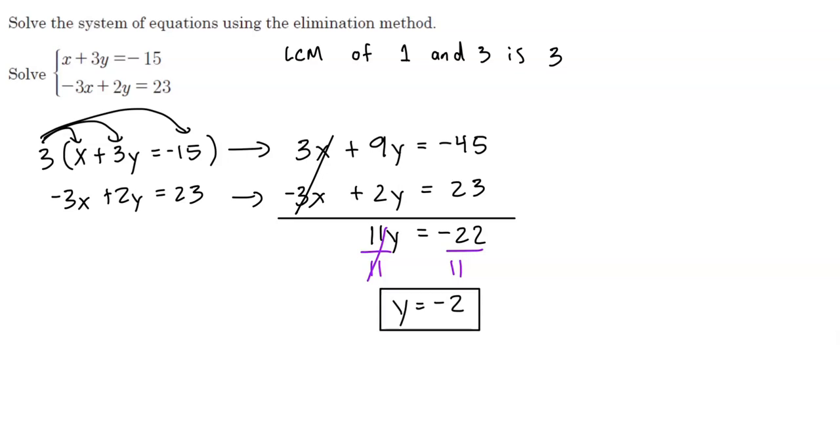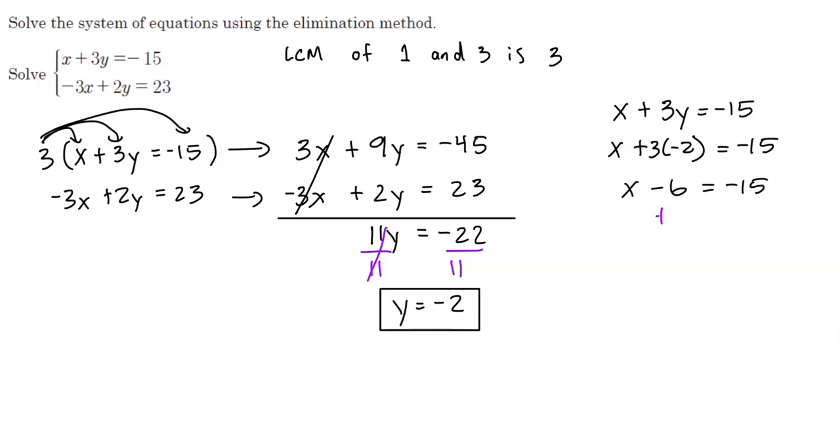Now that we know what y is, I could plug it back into my original equation, x plus 3y equals negative 15. So I would have x plus 3 times negative 2 equals negative 15, or x minus 6 equals negative 15.